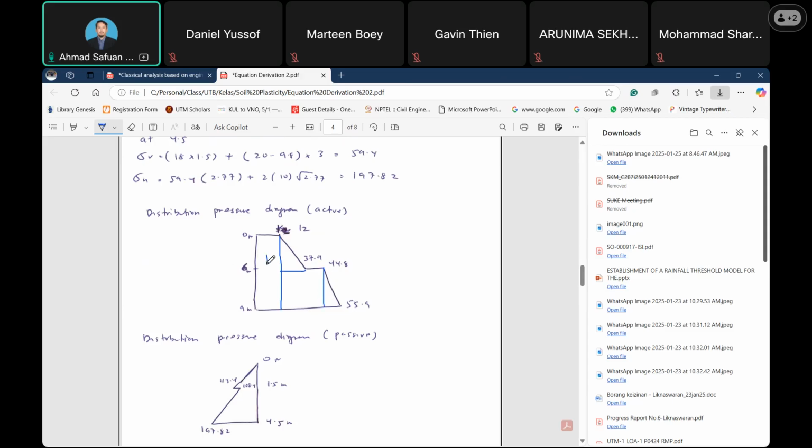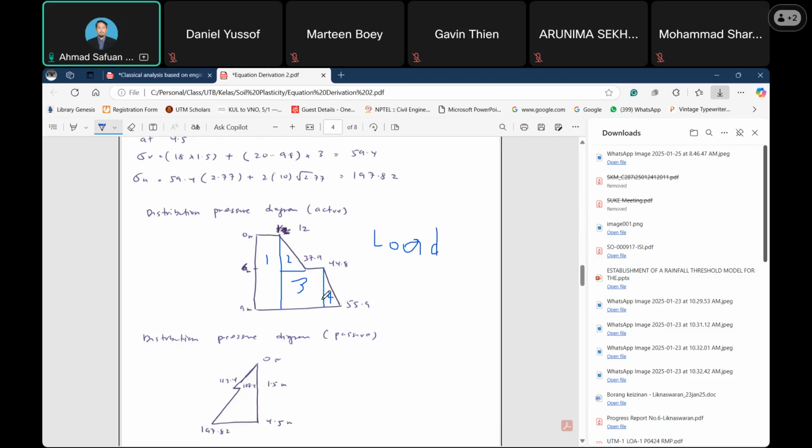So this is the first area, second, third, and fourth. Then to get the load, get the area of the first one, second, third, and fourth.